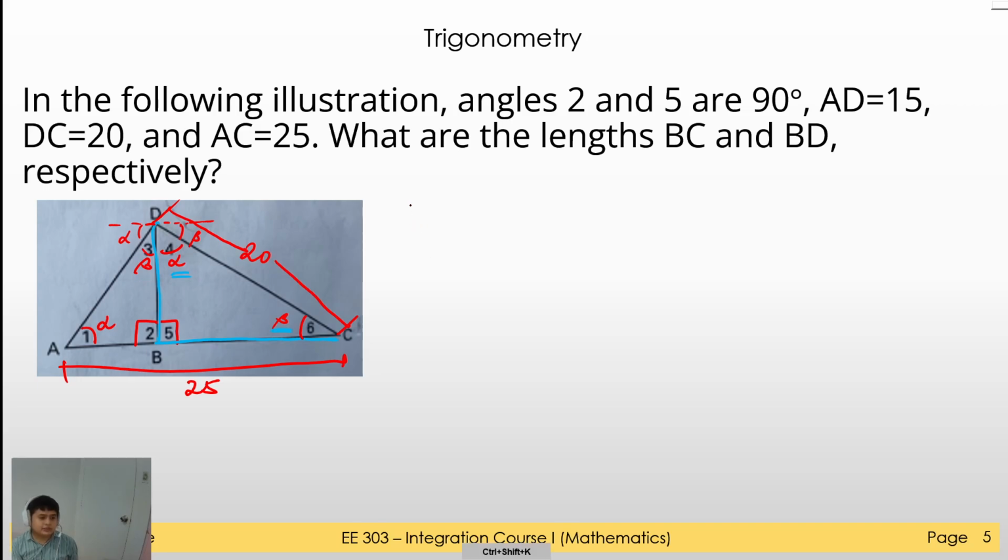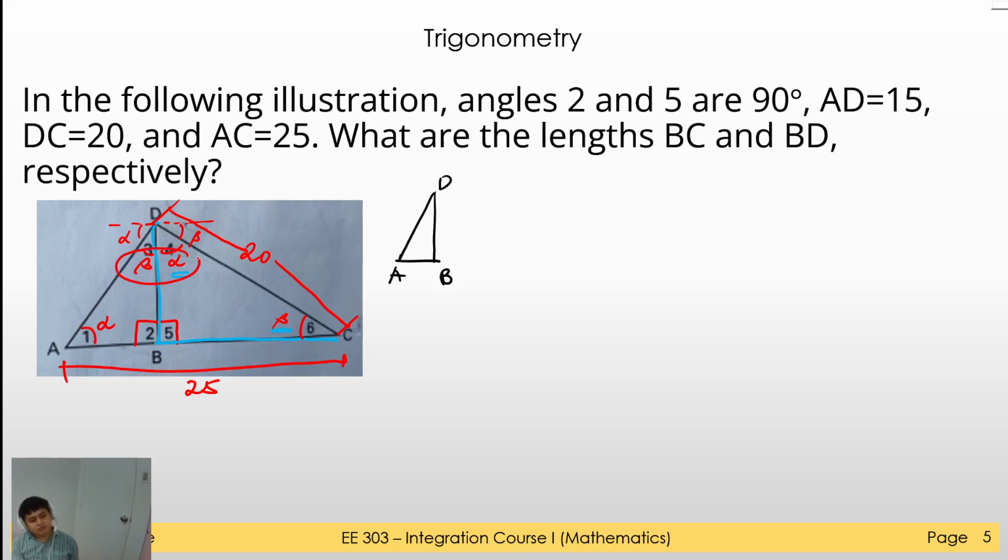So we can imagine we have here the triangle A, B, and D. And we have a similar triangle in here. And actually, this bigger triangle here is also similar, so it has an angle of beta and alpha.